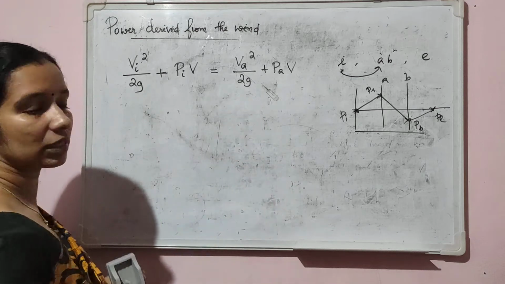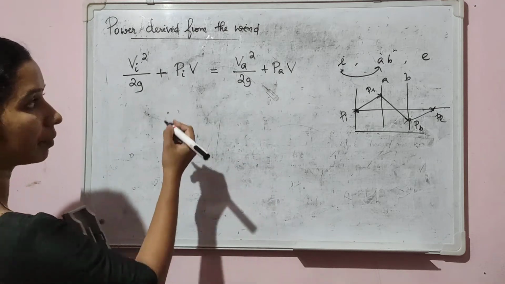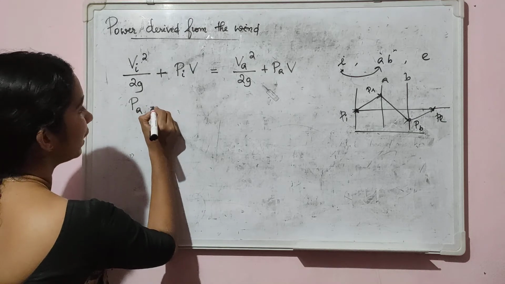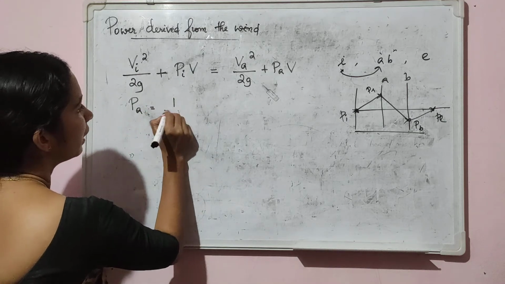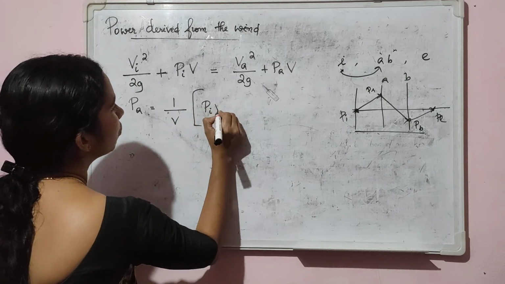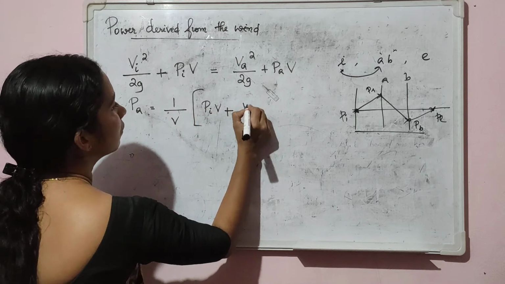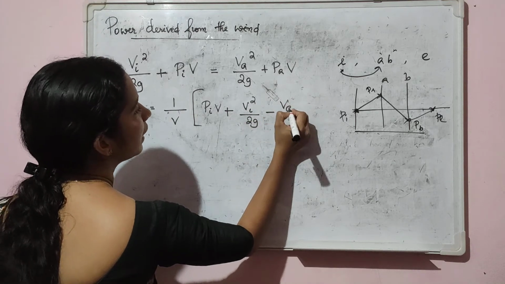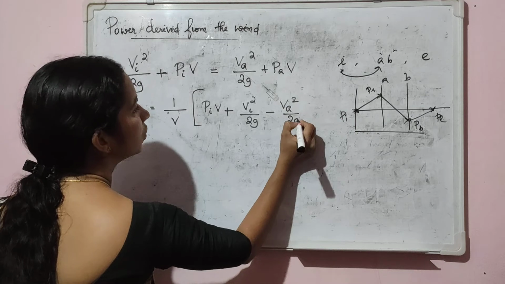Now let us write the expression for Pa from here. Pressure at point A will be equal to 1 by V into Pi into V plus Vi square divided by 2G minus Va square divided by 2G.